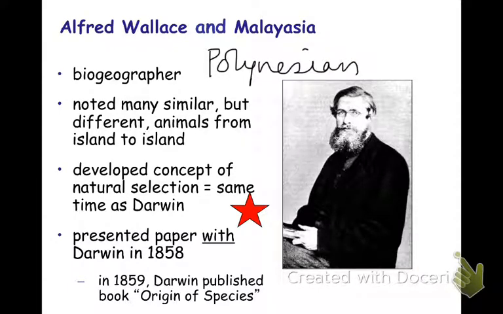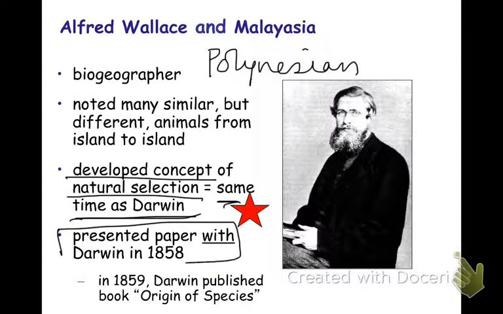He had heard about Darwin. What did he do? He developed a concept similar to natural selection at the same time as Darwin, and he presented the paper with Darwin in 1858.